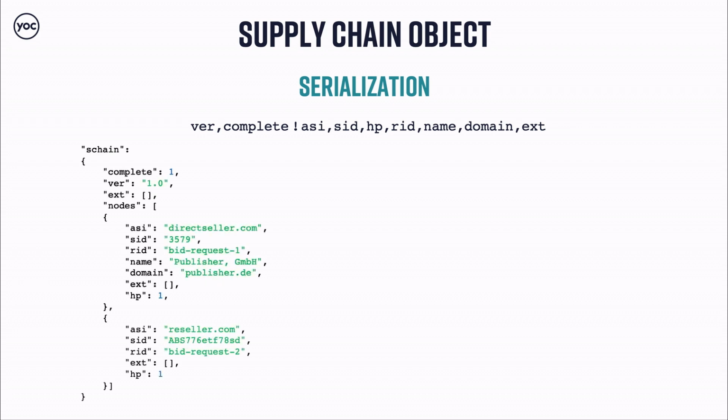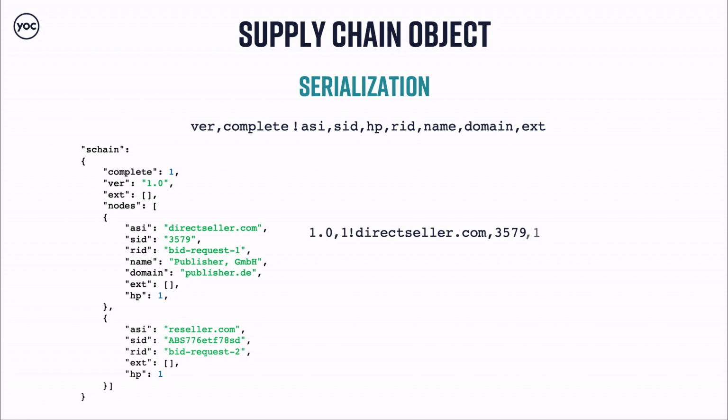So here we go. We have two nodes, the direct seller and reseller that we have already seen in the previous example. Then the first part is going to look like version 1.0, comma, then the complete attribute, then the separator, which is an exclamation mark, and then the first node goes. The advertising system identifier directseller.com, the publisher ID in this system 3579.